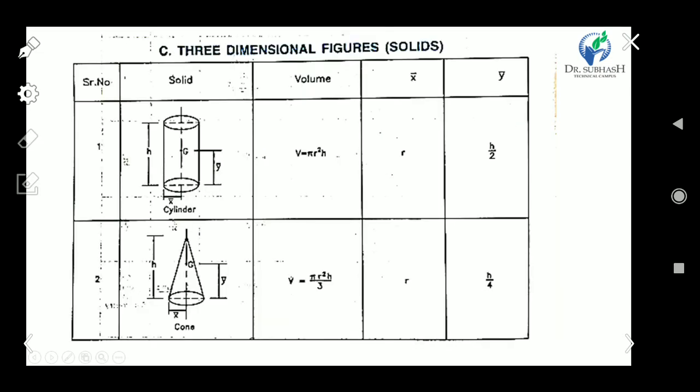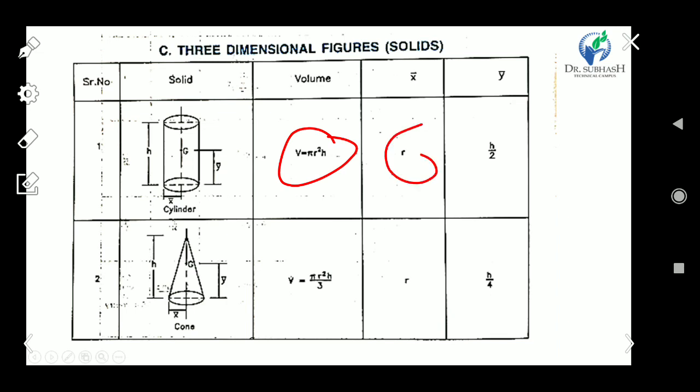Now for solids, there are some regular solids: cylinder and cone. For a cylinder, what is the volume? The volume equation for a cylinder is pi r square h, and x bar is r, and y bar, the vertical distance of CG from the x axis, is h by 2. The horizontal distance from CG to the y axis is r.